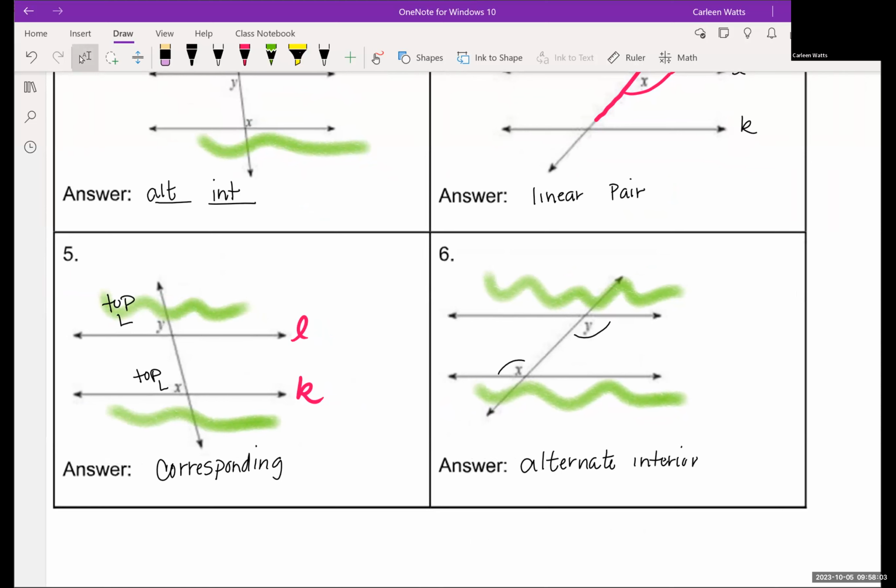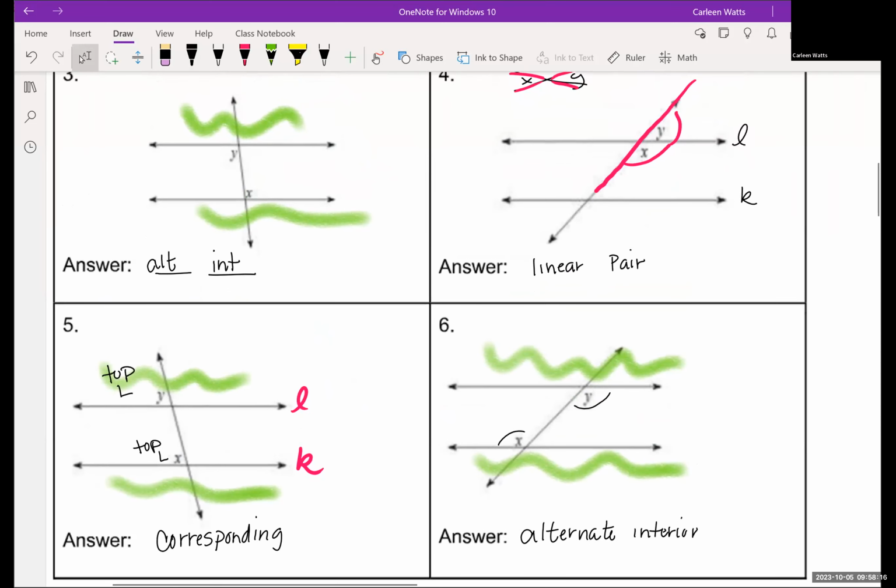See the difference between 5 and 6? In 5, we had one on the exterior, one on the interior. So 3 is alternate interior and 6 is alternate interior.